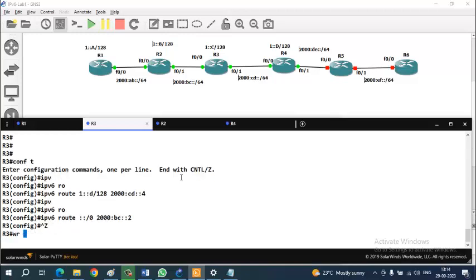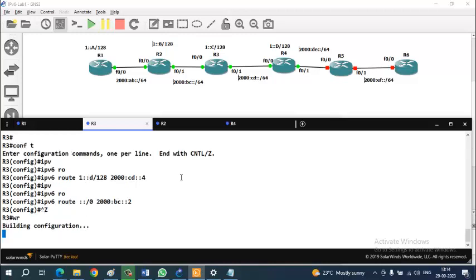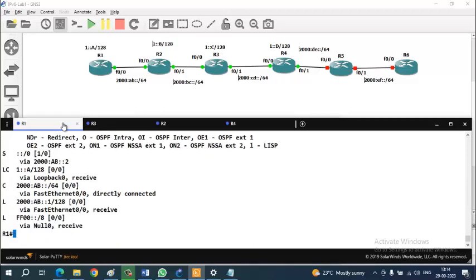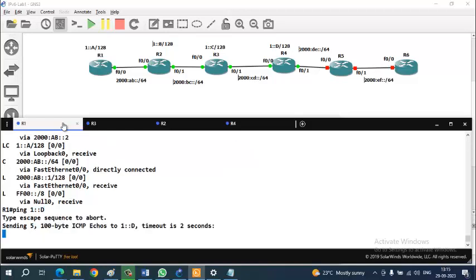Actually, we have a route for every destination now, but when I try to ping 1::D, the ping will not happen. In Cisco, IPv6 routing is not enabled by default. That is the reason.